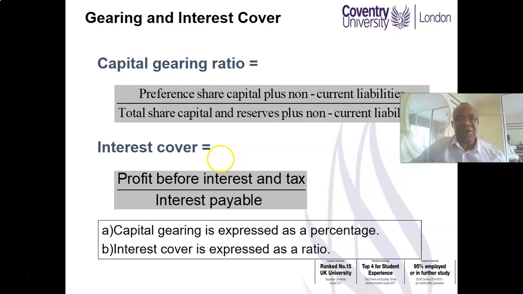The higher the interest cover, the more likely the company is able to pay its interest when it falls due. So when the capital gearing increases, always attempt to calculate the interest cover as well to see how much profit is available to meet and pay interest when it falls due. The capital gearing is expressed as a percentage and the interest cover is expressed as a ratio.